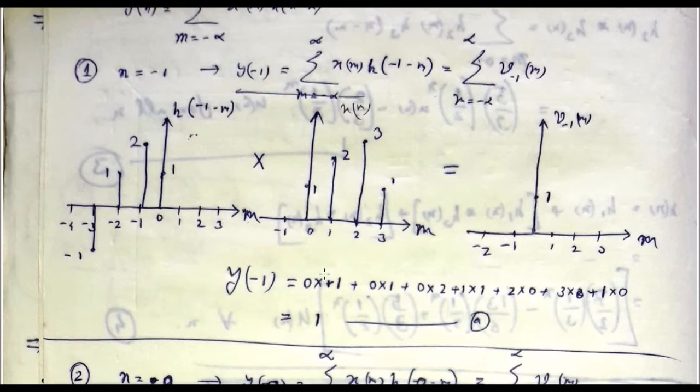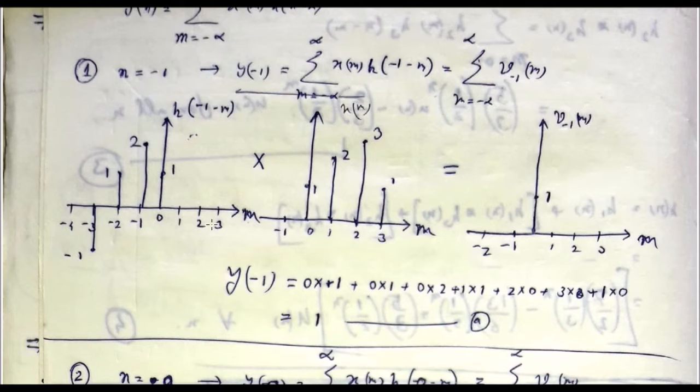Next, at -2 h has the value 1, but again there is no sample for xm, so 0 multiplied by 1. At -1, h has the value 2 but xm has no value, so 0 multiplied by 2. At 0 it has the value of 1, so 1 multiplied by 1.